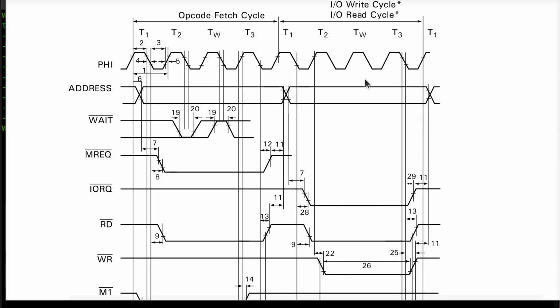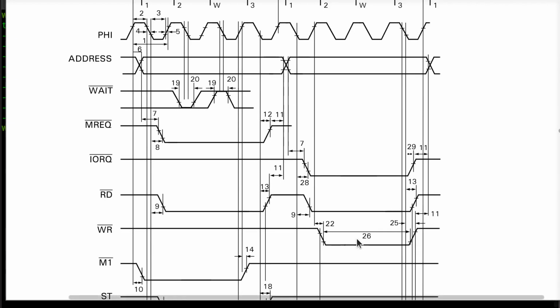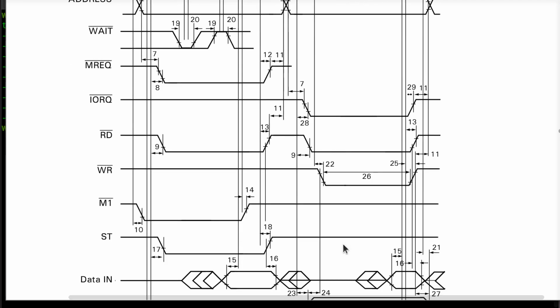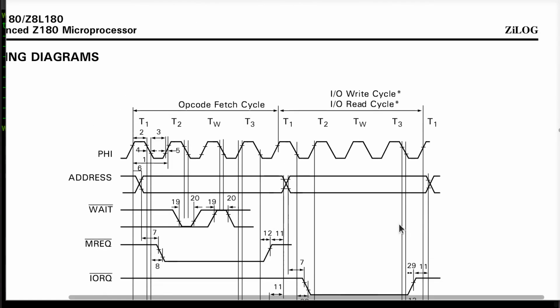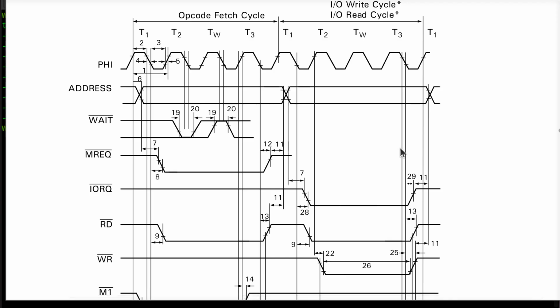And for example, if I'm reading from my I/O device, what I really want to do is try to get the data onto the data bus as soon as I can, as long as it's out there. This is 10 nanoseconds, remember, before the falling edge of T3, I'm good. I'm better if it's out there by the time the falling edge of TW or even the falling edge of T2 comes along.